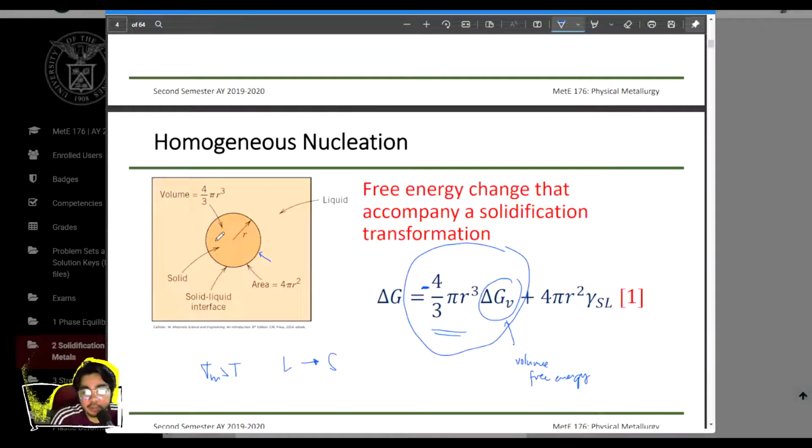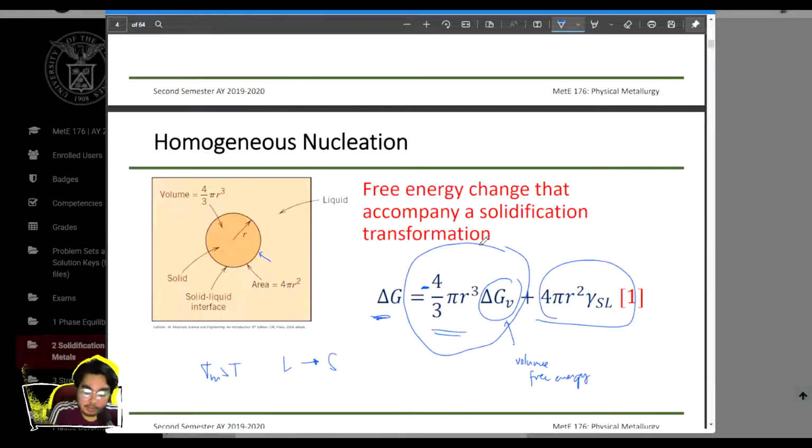Right? So you have a positive component there. So it becomes a sort of balancing act, where on one hand, the volume free energy is lowering the overall free energy by creation of the solid, by growing the solid. But at the same time, by growing the solid, you are increasing the surface free energy, making the delta G more positive, no?